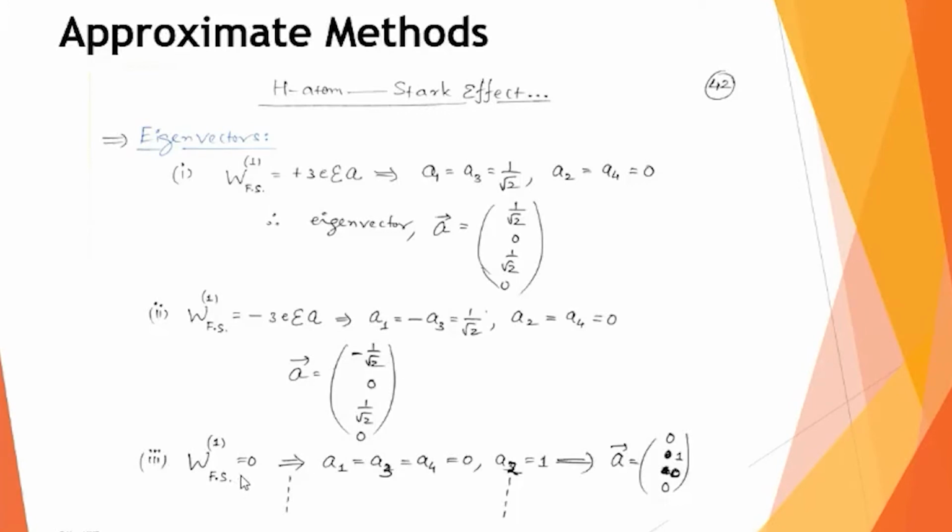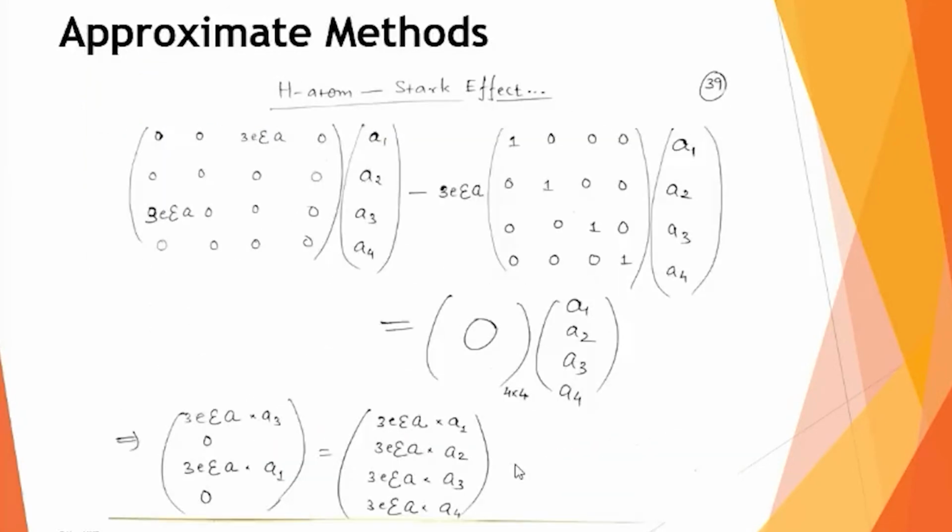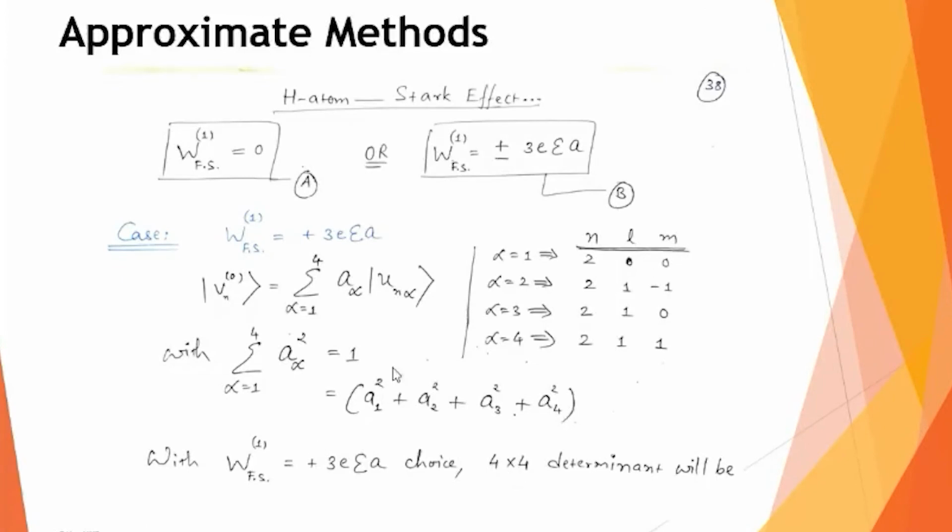If W1 is 0, the third possibility, then A1, A3, A4 are all 0 and A2 will be 1, so you have this possibility. So when I say A2 is 1, the remaining are all 0. And don't forget, A2 means whenever you have alpha, A2 is 1, so alpha is 2, then your state function 2, 1, minus 1 contributes.